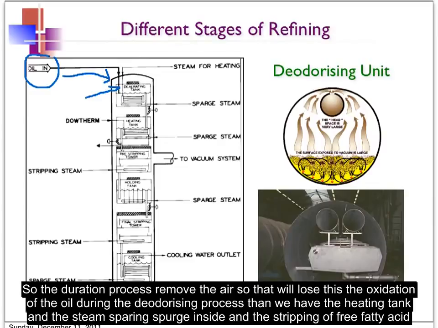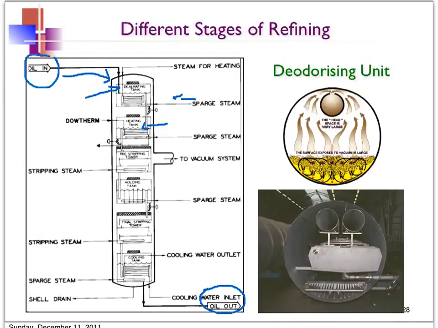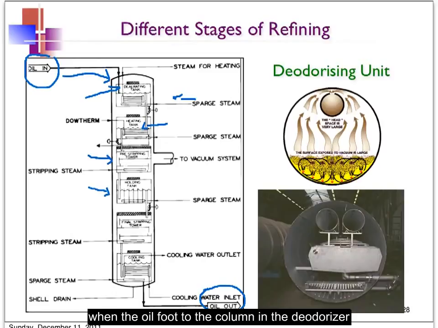Then we have the heating tank here, and the steam is being dispatched inside, and the stripping of the free fatty acid and other volatiles will take place when the oil flows through the column in the deodorizer.